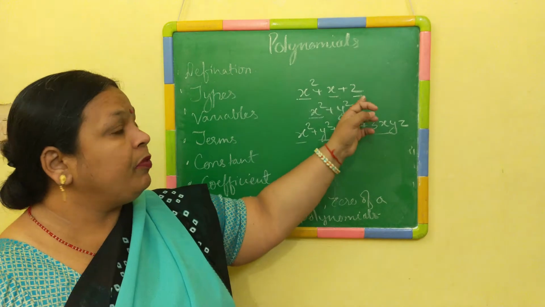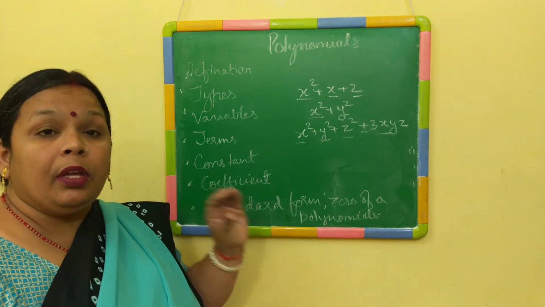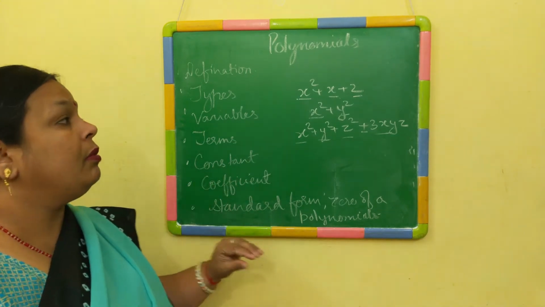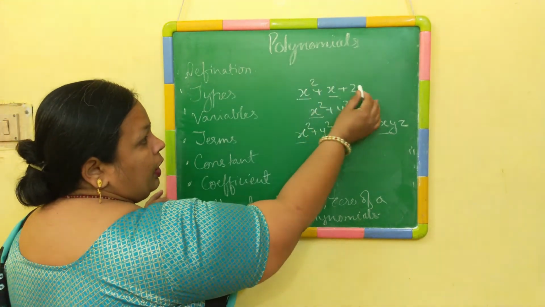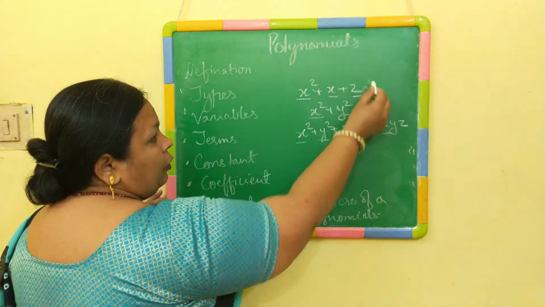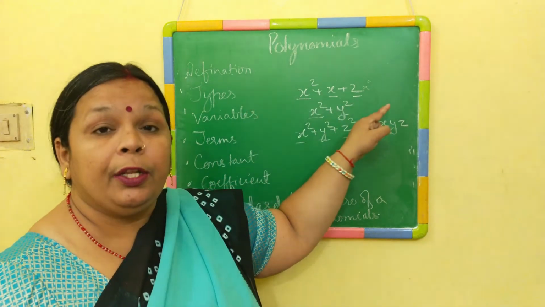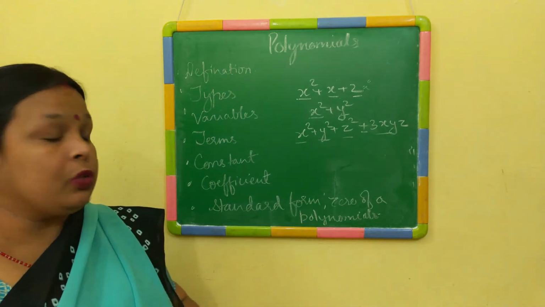In this example we have 2 as a constant, which is not having any variable. But if you observe, even here x has a degree of 0. So we also noticed that the power is getting reduced, and the same was explained in the standard form also.